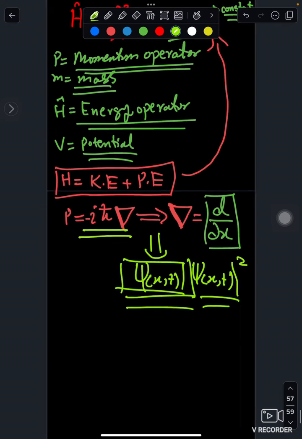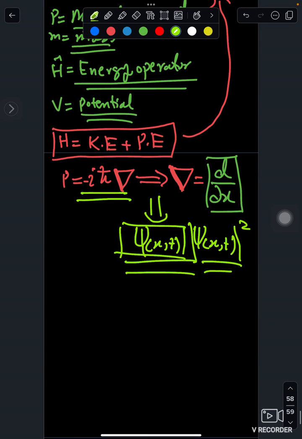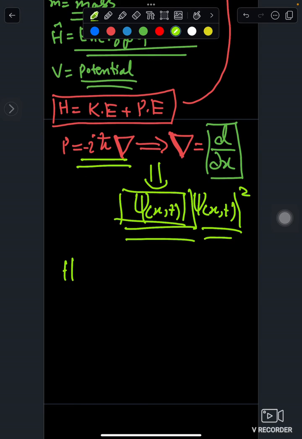So then when we apply minus i h bar and this symbol into the equation, H equals P squared over 2m plus V of x and t.